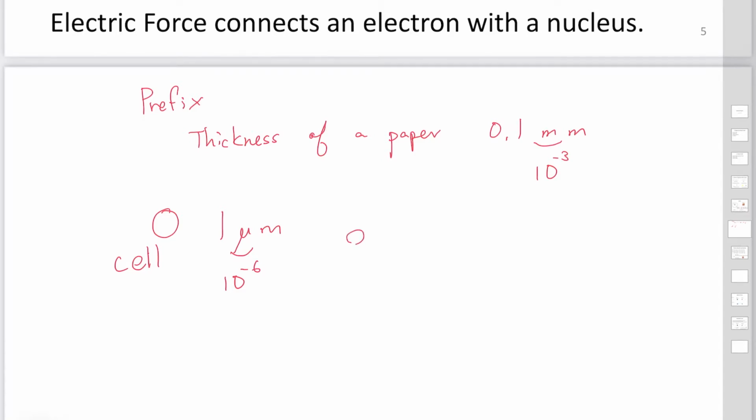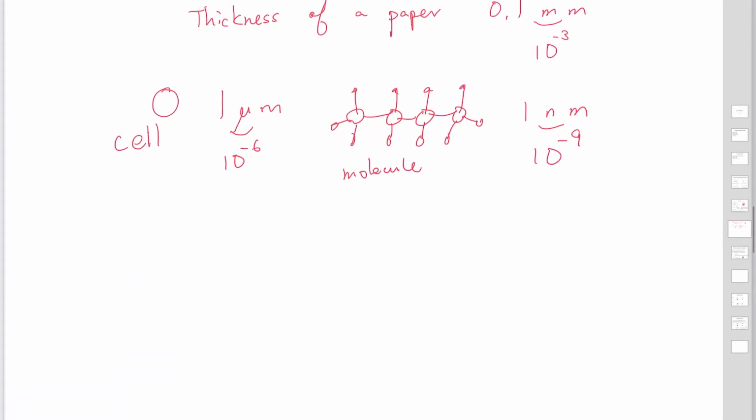The size of molecules is about 1 nanometer. So nano is another prefix, 10 to the minus 9. To describe the size of atoms, 10 to the minus 10 meters, we have a special expression.